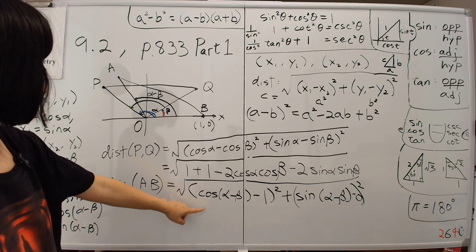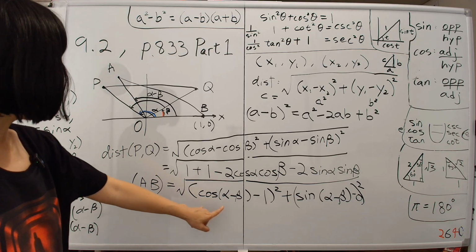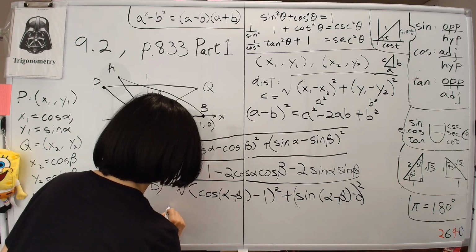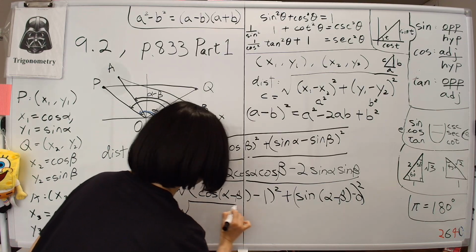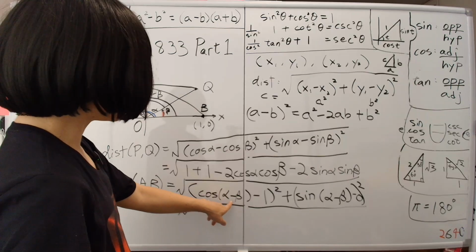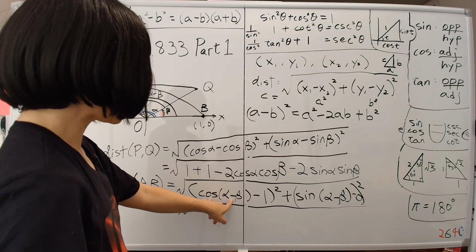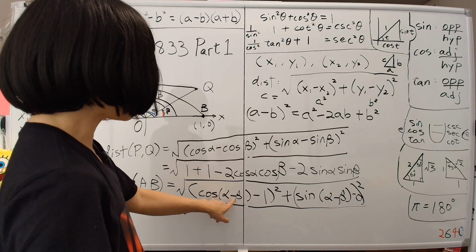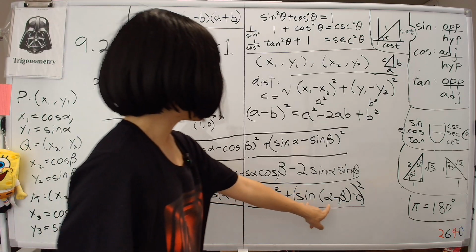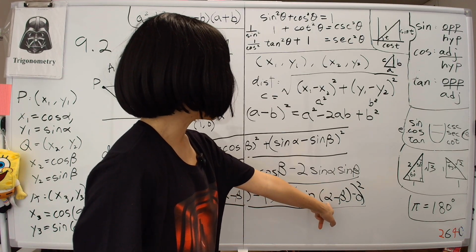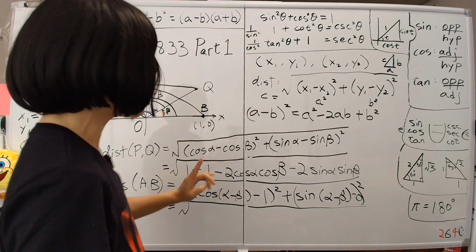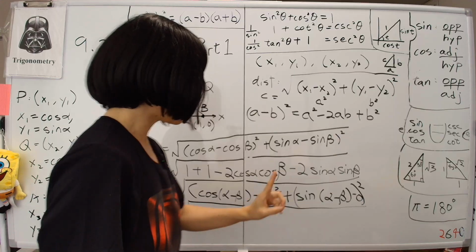Now let's write this. What is this thing? This would be cosine alpha. I'll write this down. That equals the square root of cosine squared of alpha minus beta, and then here's sine squared of alpha minus beta, and together they will be 1, because sine squared plus cosine squared of the same thing equals 1.